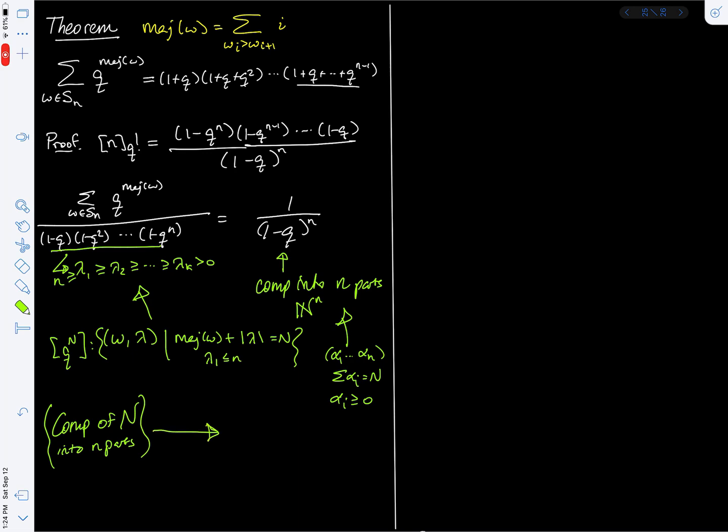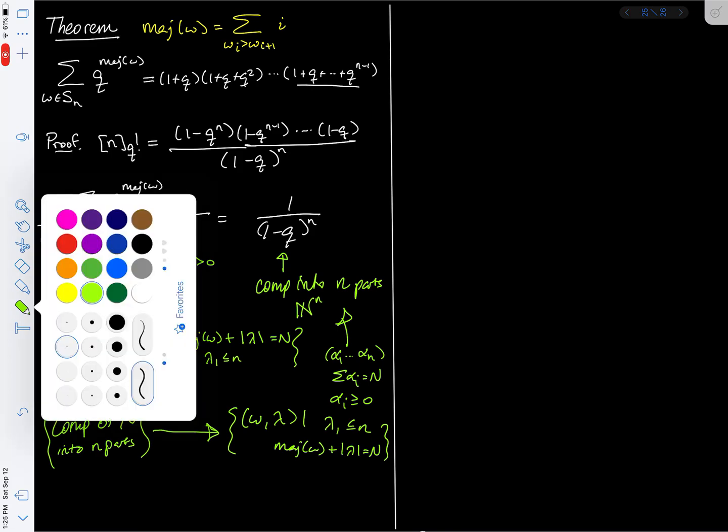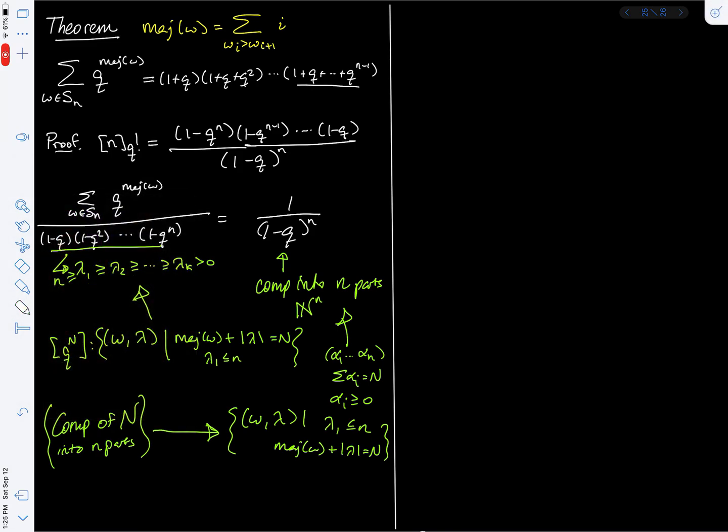I'm actually doing my bijection backward from the way I've written it above, to pairs of a permutation and a partition such that the partition has biggest part at most n, and when I add up the major index of the permutation with the size of the partition, I get capital N. Okay, so let's do an example of how this bijection goes. I'd rather do an example and then we can dive into the definition, but I think it's more clear when we look at an example.